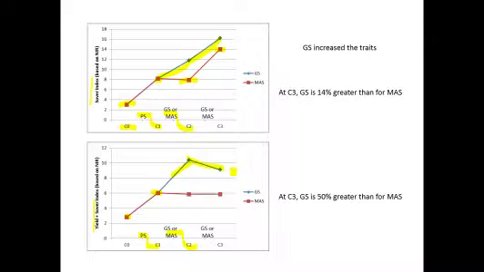The second cycle of genomic selection did not do much. And here, marker-assisted selection did not increase the trait at all. So here, at our third cycle, genomic selection now has produced trait values that are 50% greater than what you got with marker-assisted selection. So I think you certainly have to conclude here that genomic selection is working quite well.